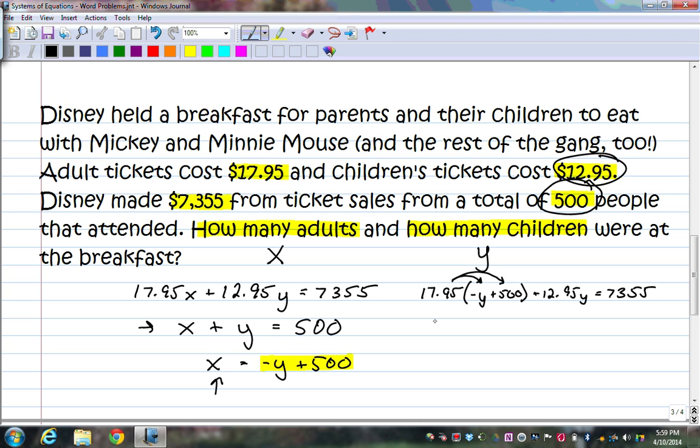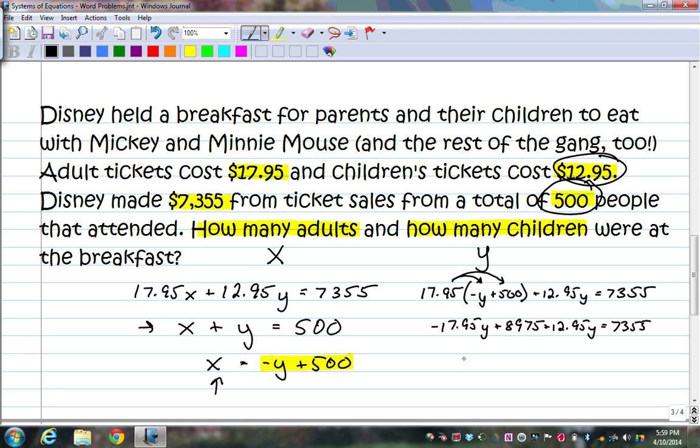And I have a negative 17.95y plus 8,975 plus 12.95y equals 7,355.